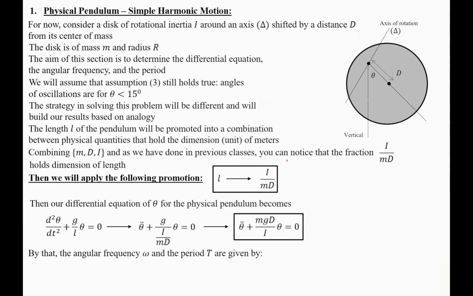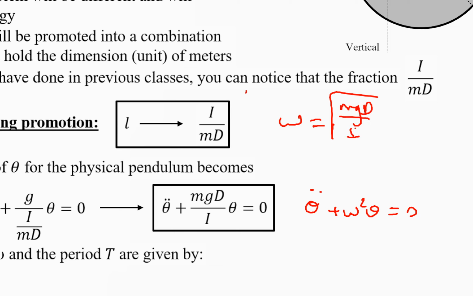Then we just replace L by this fraction, and we get the following differential equation. It has the form theta double dot plus omega squared theta is equal to 0, which means omega is given by the square root of mgd divided by capital I, and the period would be given by 2 pi times the square root of I divided by mgd.